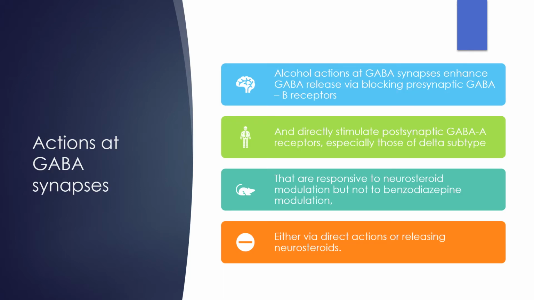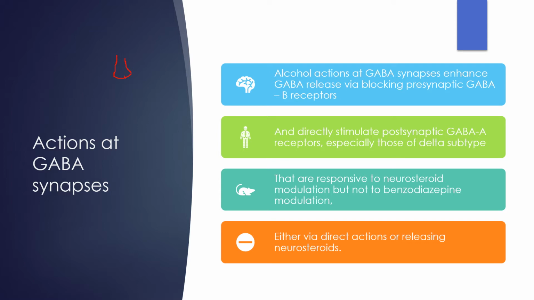Alcohol actions at GABA, gamma-aminobutyric acid synapses, enhance GABA release via blocking presynaptic GABA beta receptors. So there is a GABA receptor in the presynaptic neuron.